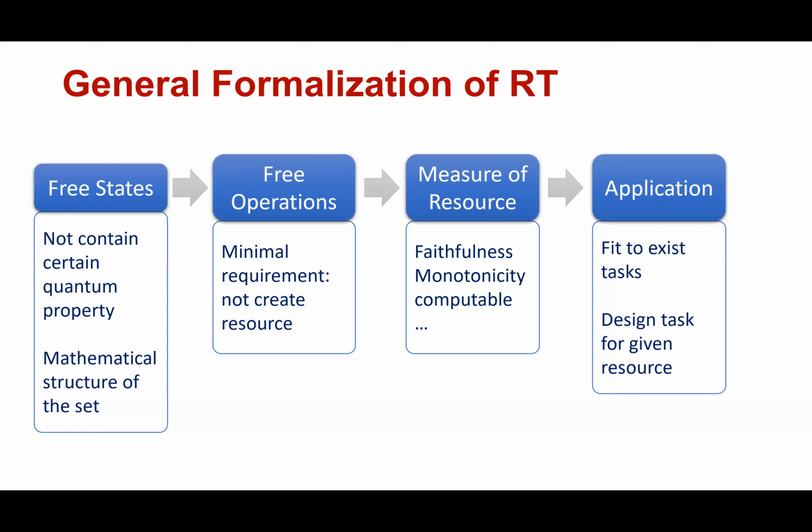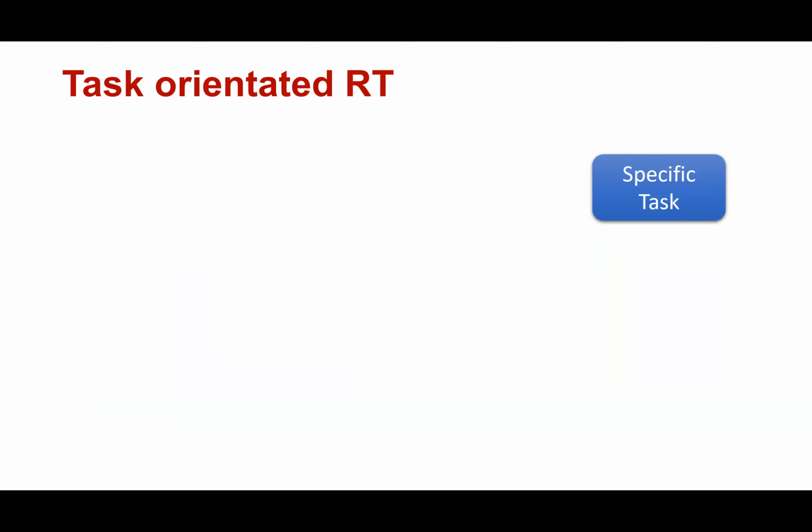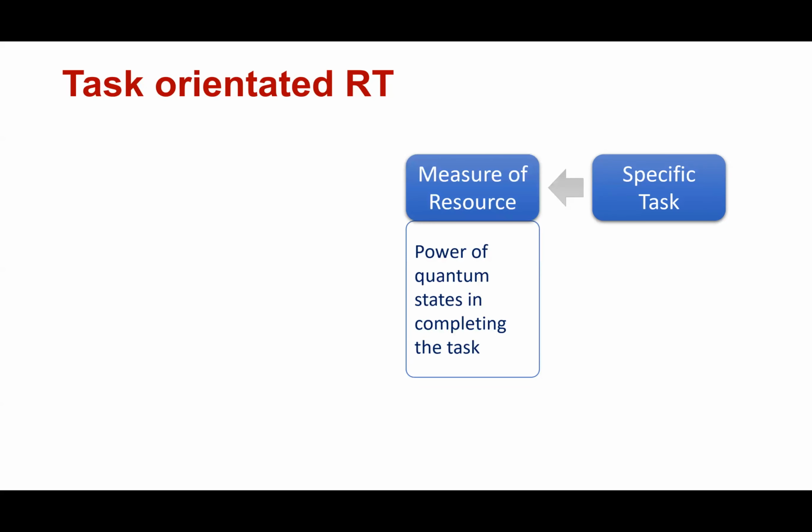So our naive idea is whether we can start from a specific task to build a resource theory. This specific task can be realized using some resourceful state. So the power of quantum states in completing the task, we define as the resource measure.